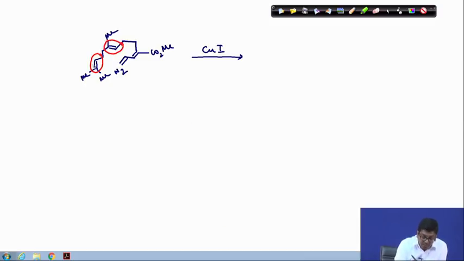If you see here, both olefins are tri-substituted. But the product they found is the 6 and 3 member ring, that is, the cyclopropane-fused cyclohexene.